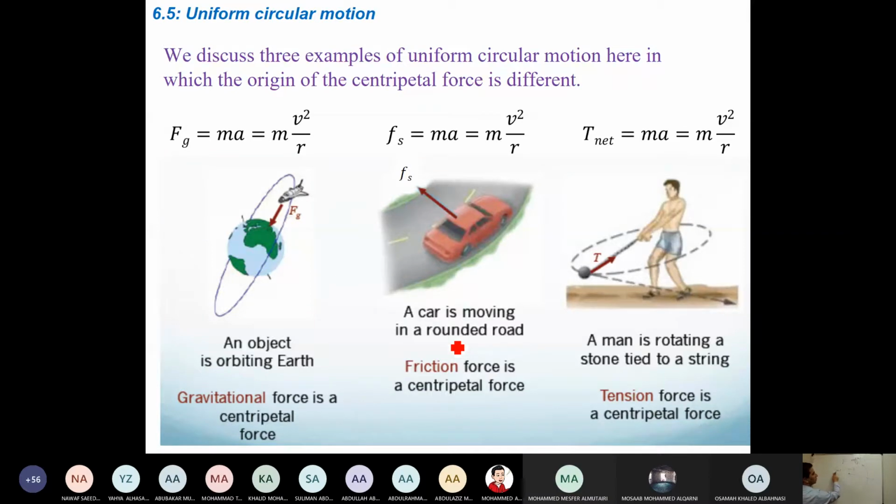Whatever force we have here, like the friction in this case, that is the net force, because for the car there is air, but we have neglected the effect of the air. For the satellite, there are other forces from other objects, and we are neglecting them because they are so small.